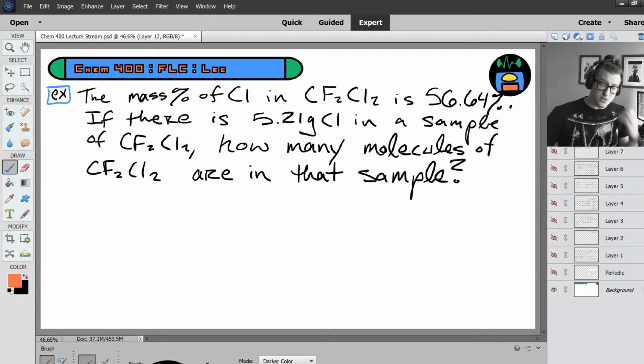I guarantee there will be problems on the test that you've never seen before. You won't have seen examples in the homework or seen me do examples like them in lecture. There are going to be problem types that are totally alien.